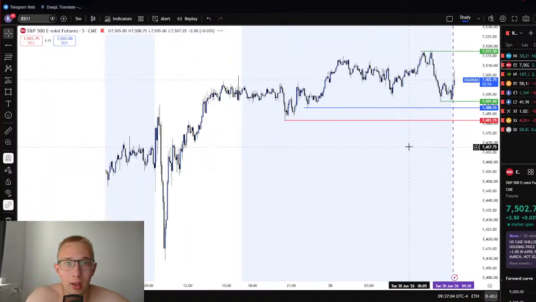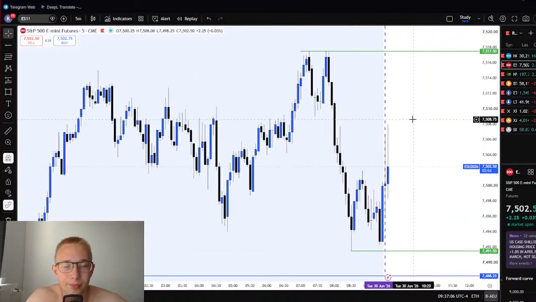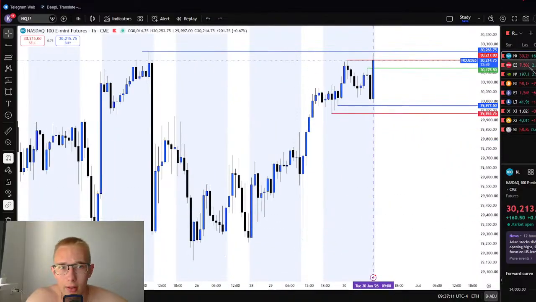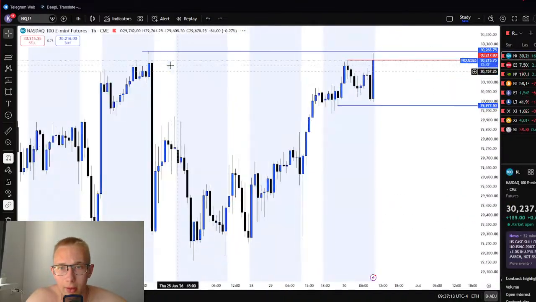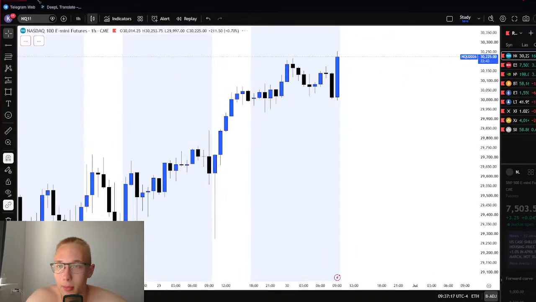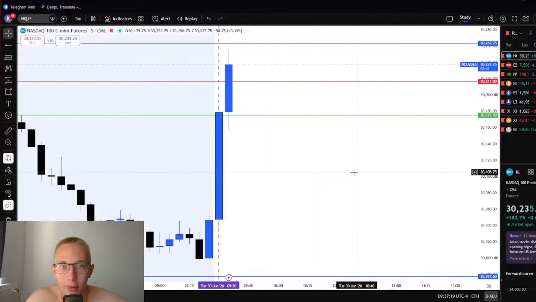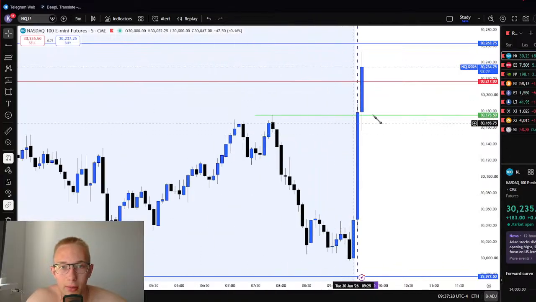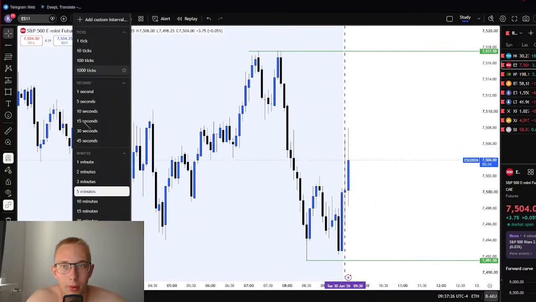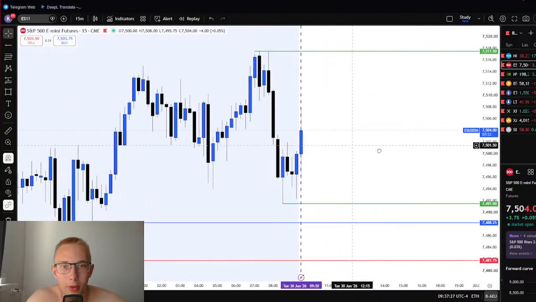In fact, we did not just yet, but since it's an SMT right now, because ES already grabbed those and NQ did not, I'm completely sure NQ will grab those. But if it gives me some sort of retracement, I'll be cool with that, and I'll probably be looking for some longs, till those highs on NQ.